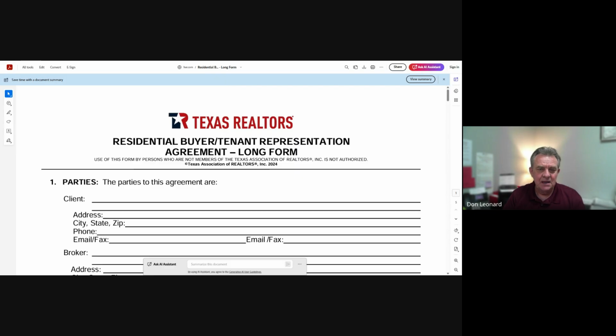Because of the NAR settlement, it became an absolute requirement that this form be filled out before we do anything that requires a real estate license. They use the threshold of showing property, but actually representational tasks can occur before that. They use that threshold because it's something we can all adhere to. This document has to be filled out before we go out and show property.